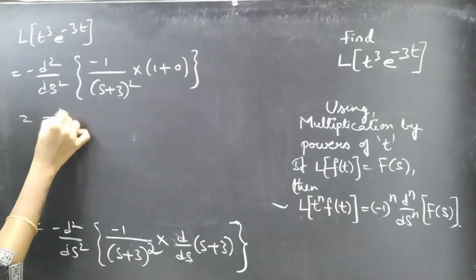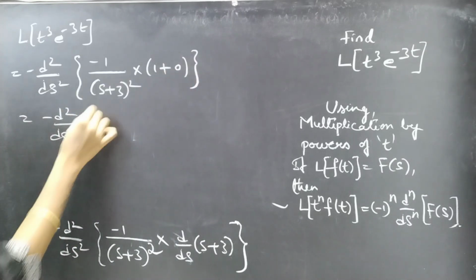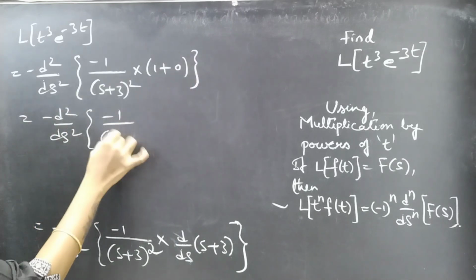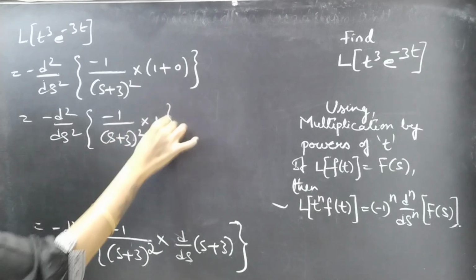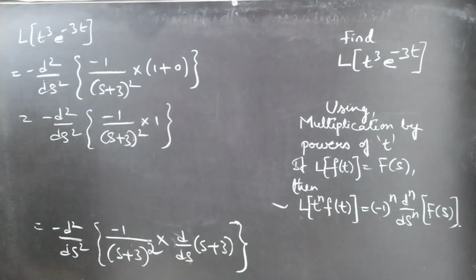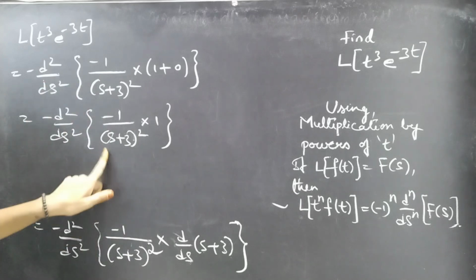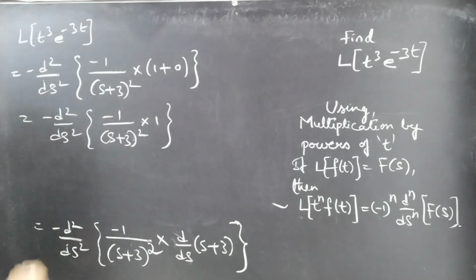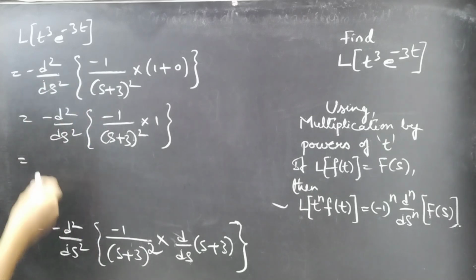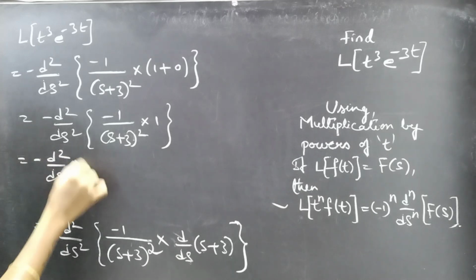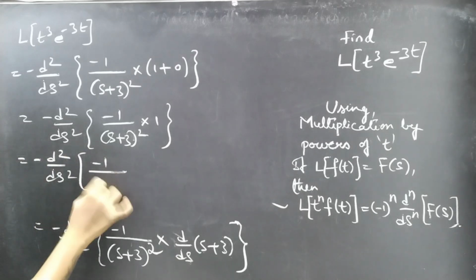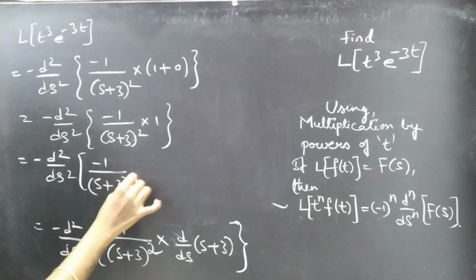We'll get minus 1 by s plus 3 whole square into 1. Instead of writing these two steps, you can just go for this directly. So now we'll get minus d square by ds square into minus 1 by s plus 3 whole square.